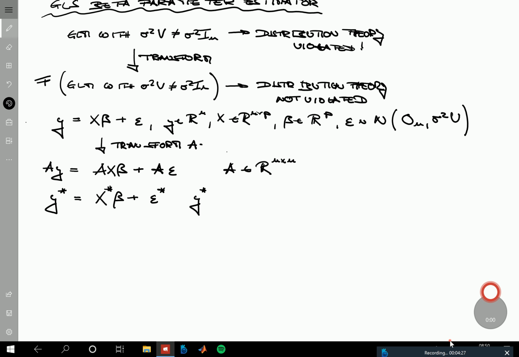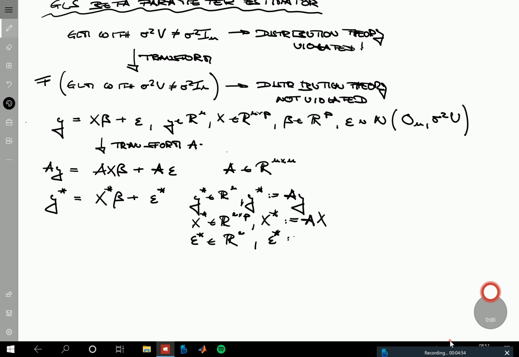Y star is an n-dimensional thing, and Y star is of course defined as A times Y. X star is n times p, and X star is A times X, and epsilon star is still n-dimensional and defined as A times epsilon.